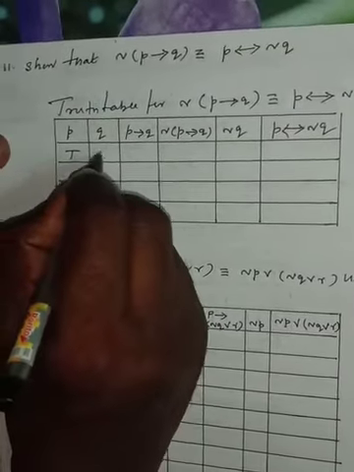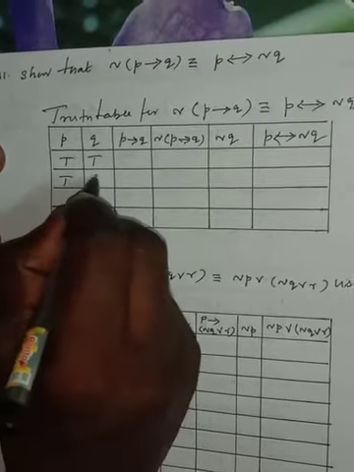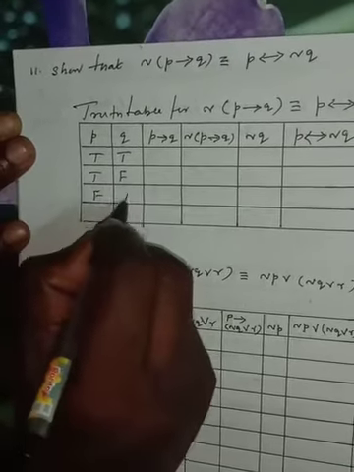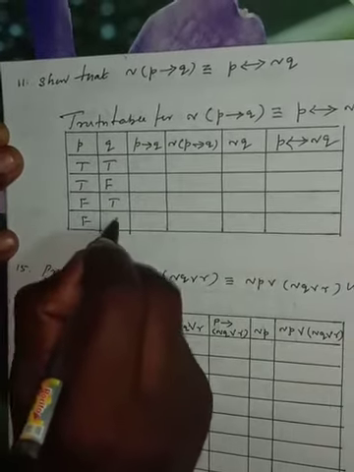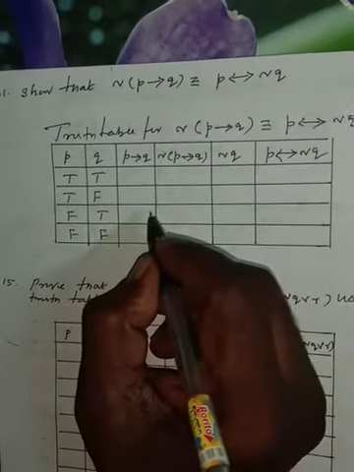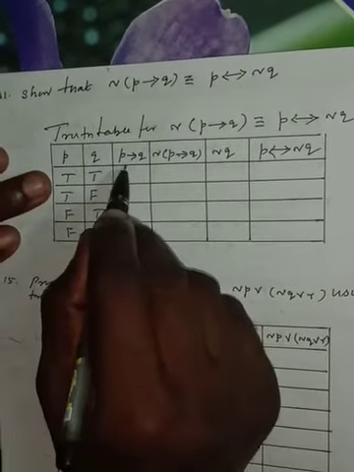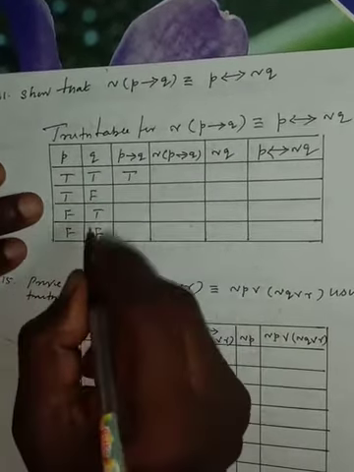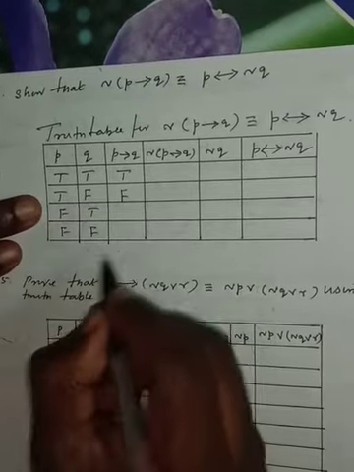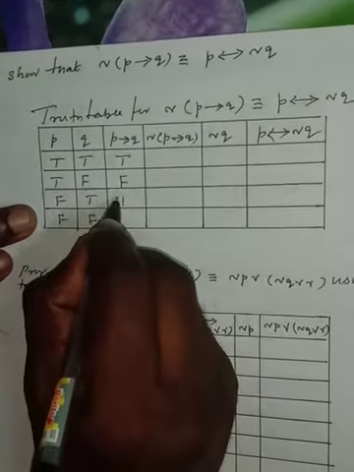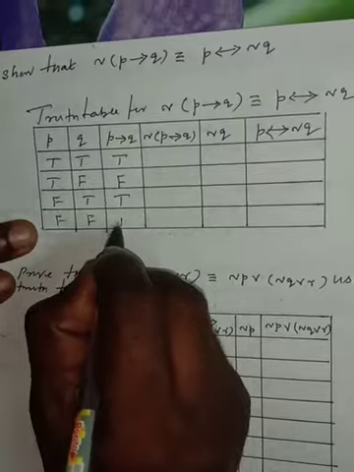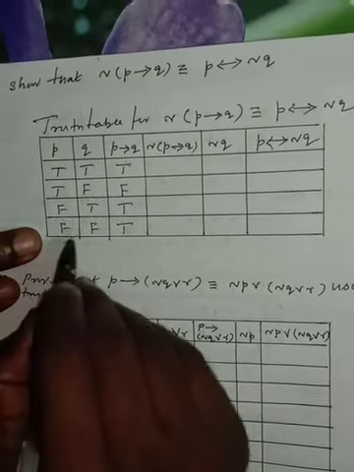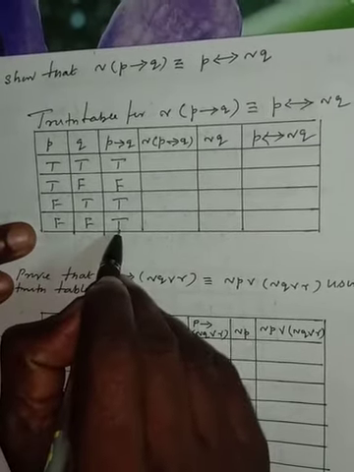Take true true, true false, false true, false false. P implies Q means conditional statement: true implies true is true. Next false, next true, next true. False implies false is true.